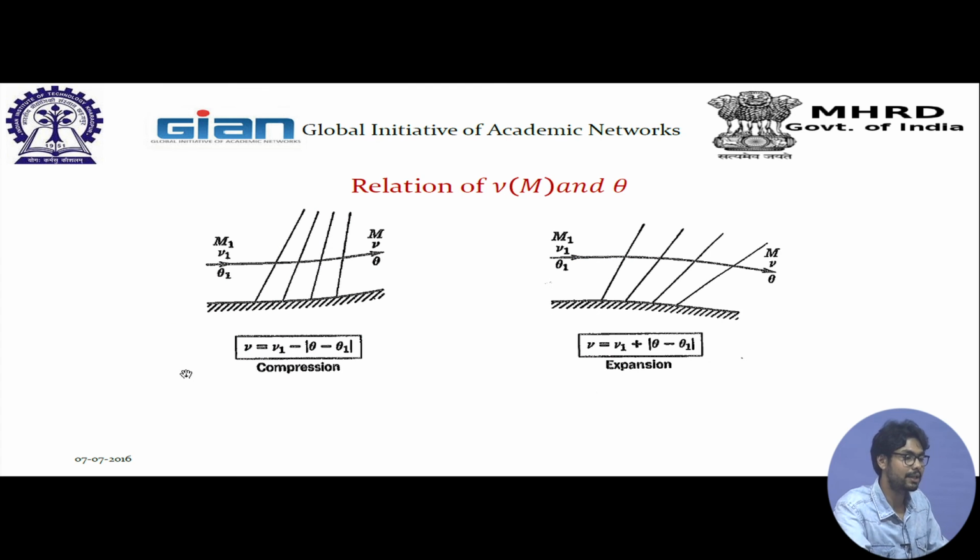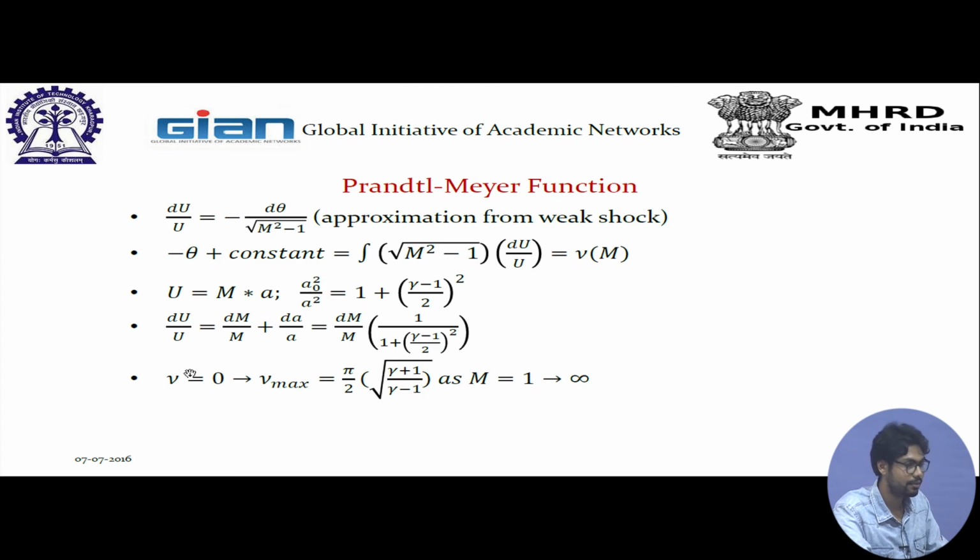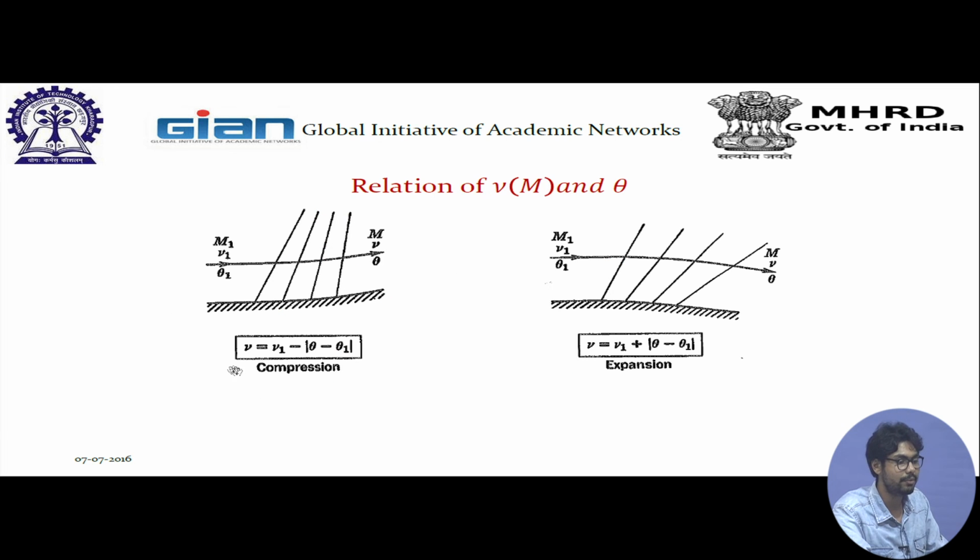So we see that in case of a compression, this minus theta plus constant is this nu, which will become nu equal to nu 1 minus mod of theta minus theta 1, whereas in case of an expansion, there is a sign change. So it just becomes an algebraic expression to calculate the contour of a nozzle. It's that simple.